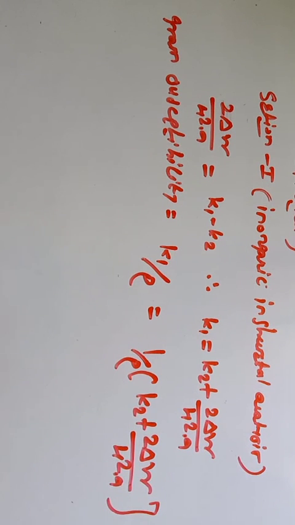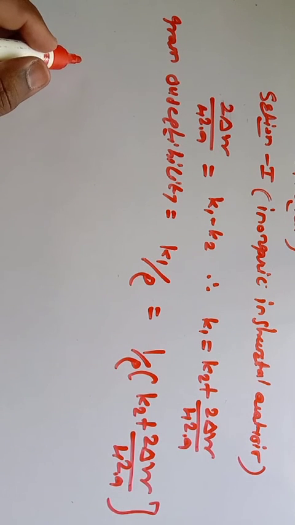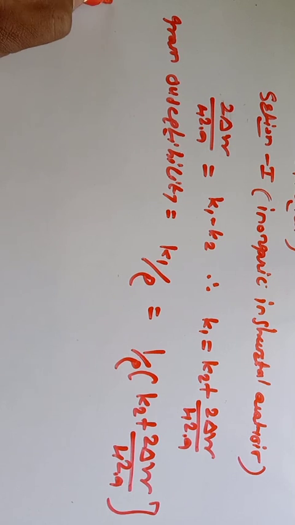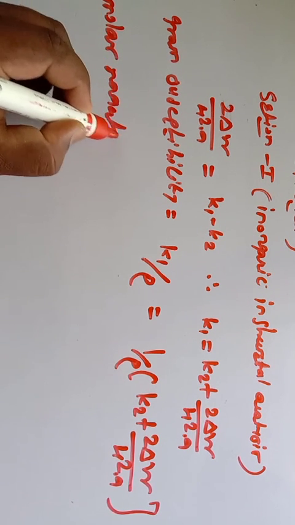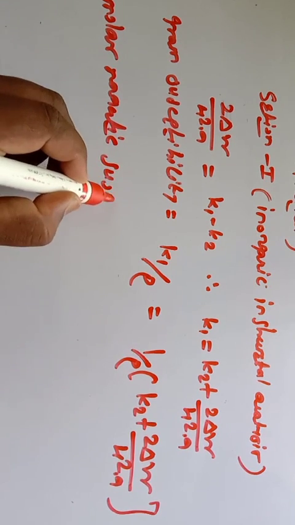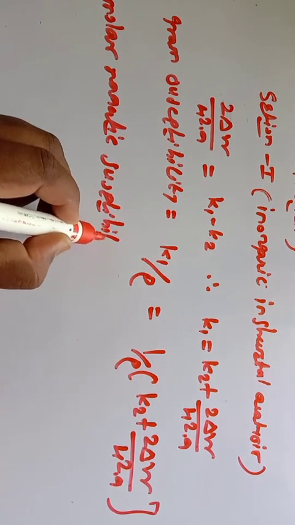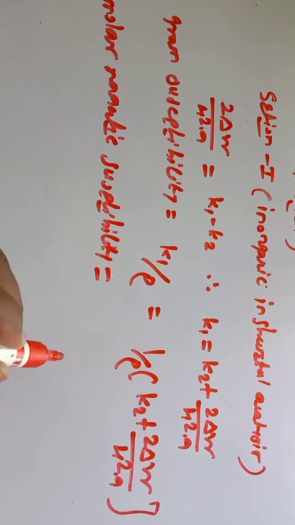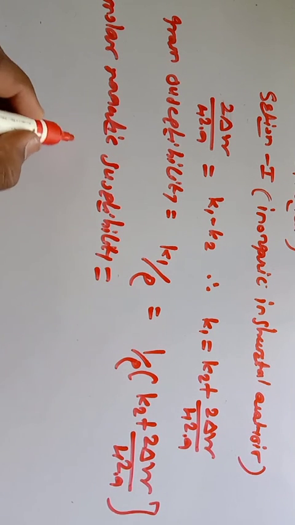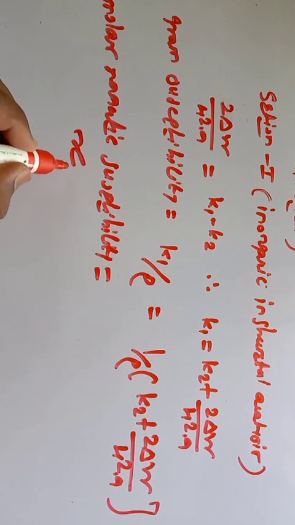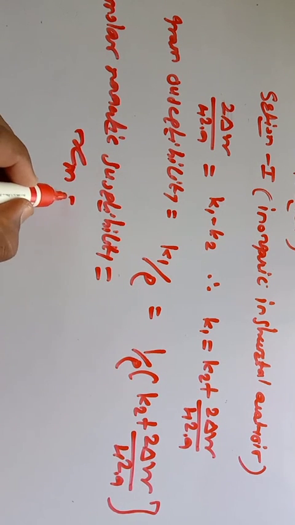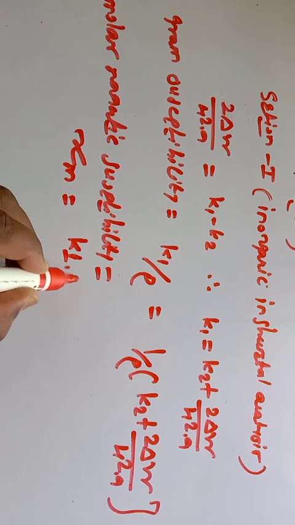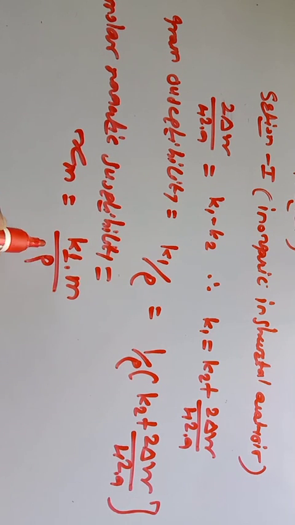And similarly, the molar magnetic susceptibility, denoted by symbol chi small m, is equal to k1 into M upon density.